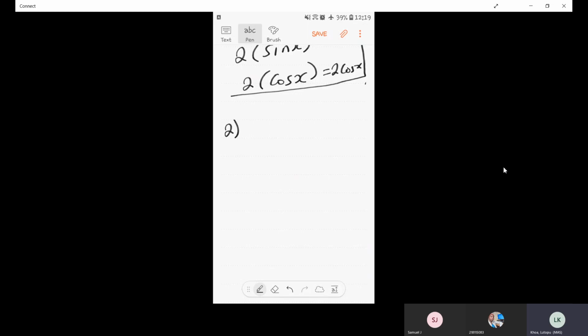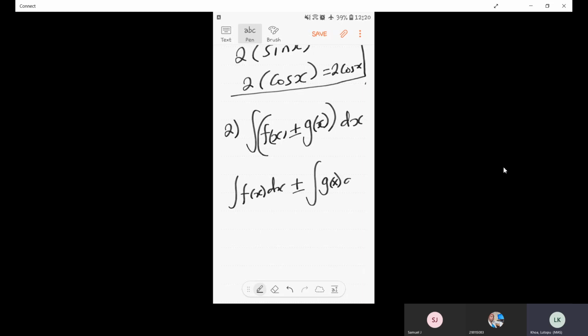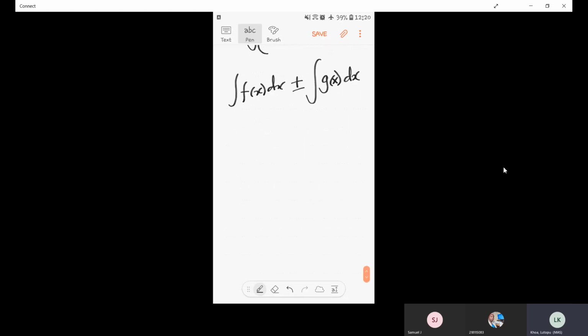Then the next one is the sum and difference rule: if you are integrating the sum or difference of two functions of x with respect to x, you can just integrate the first one with respect to x and then add or subtract the integral of the second one, also with respect to x. And we did this when we were looking at derivatives.